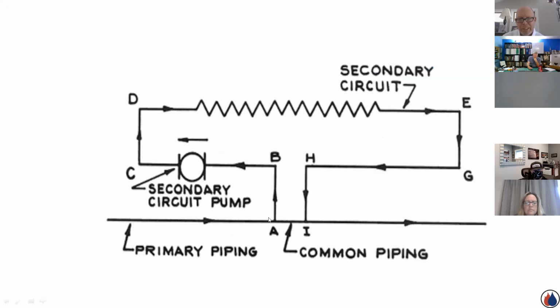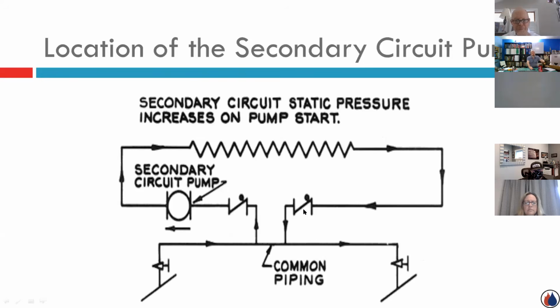It looks something like this. All that pump cares about is the desired flow rate and overcoming, based on frictional resistance, the head loss of that one circuit. That's all the secondary pump's job is.